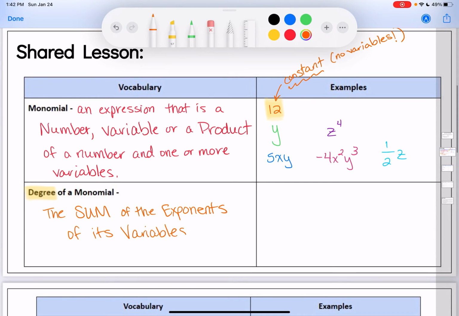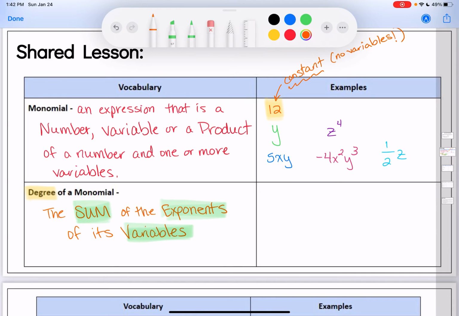Okay, so there's some big key words here. It's the sum of the exponents of its variables. Okay, so only the exponents of the variables will count towards its degree, and if there is more than one variable, you have to add up the exponents.